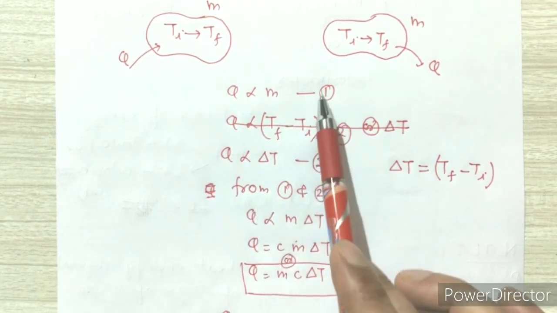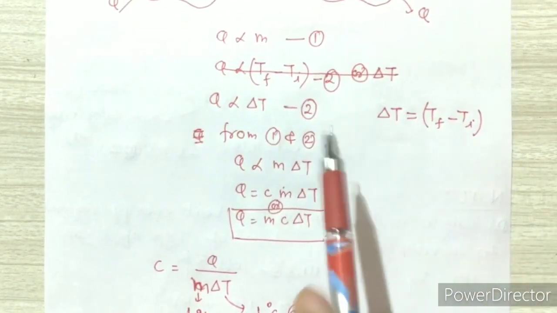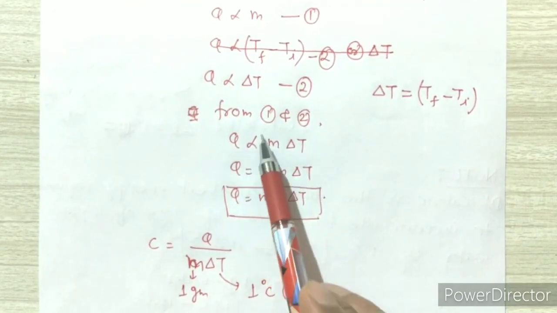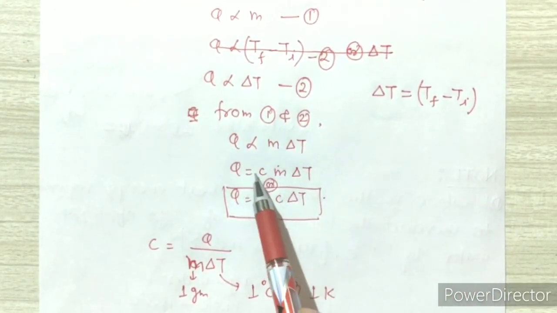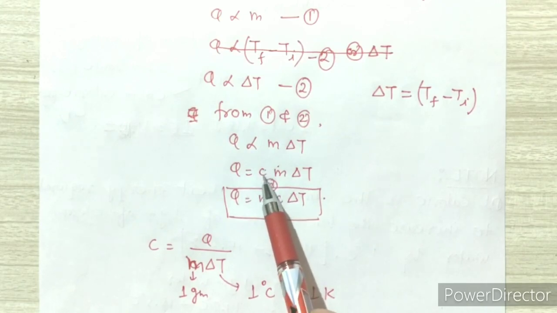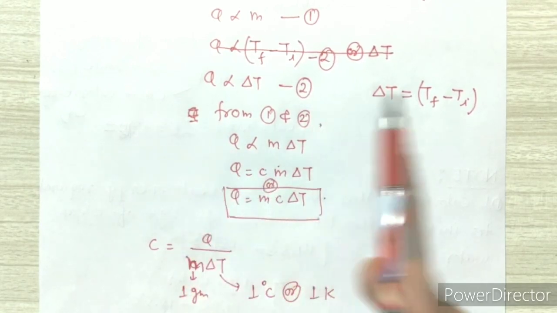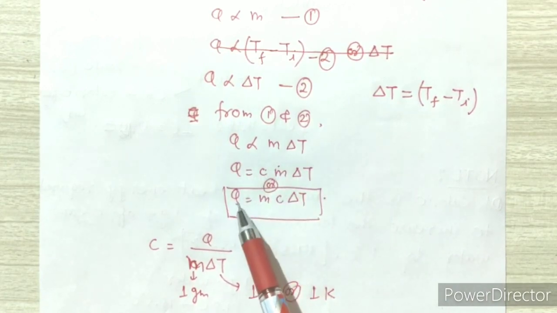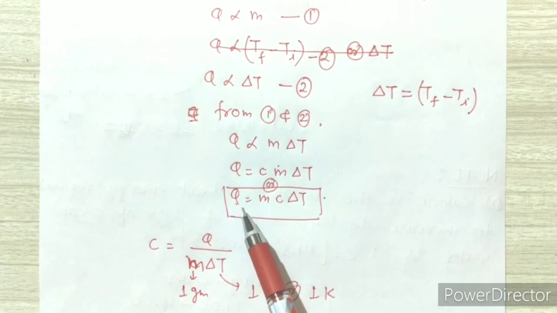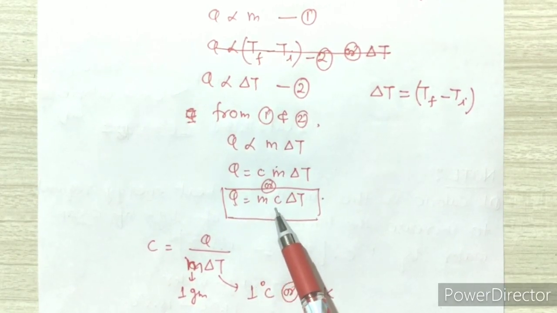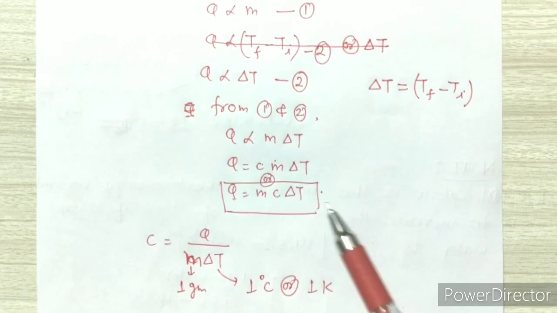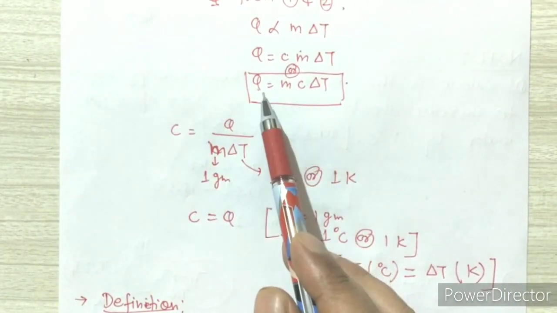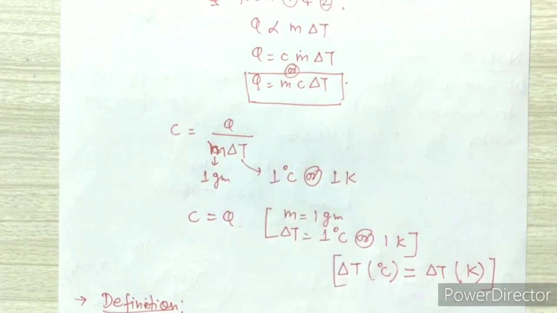So from equations 1 and 2, Q is proportional to m into delta T. When we remove the proportionality sign, a constant comes in, and this constant is small c, known as specific heat capacity. So we write Q, the heat given or taken, is equal to mass into specific heat into delta T. Or from here we can write c is equal to Q divided by m into delta T.